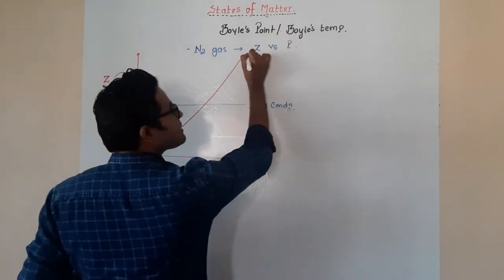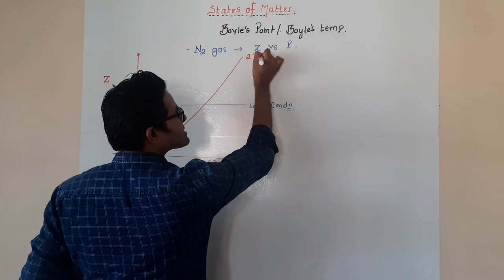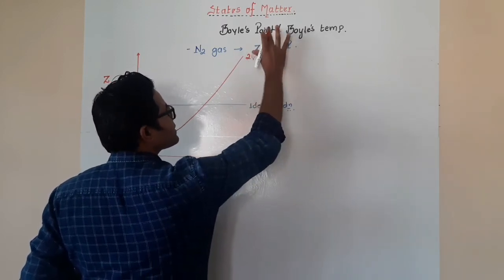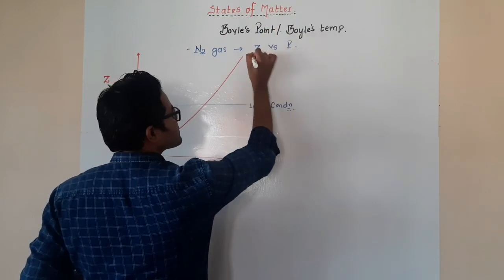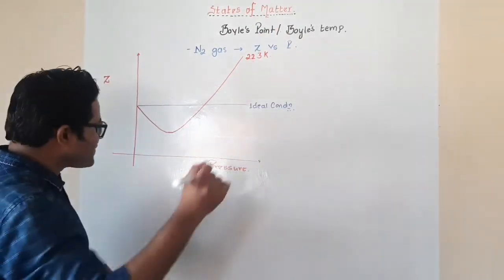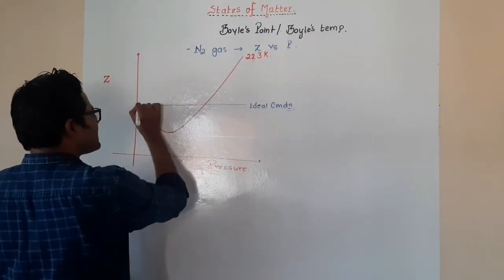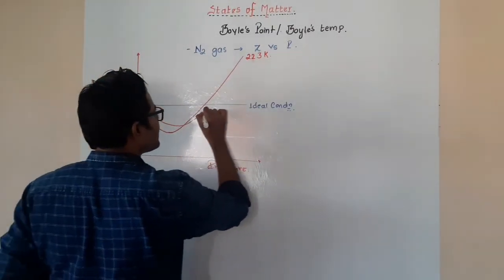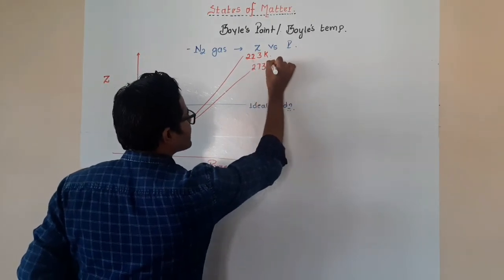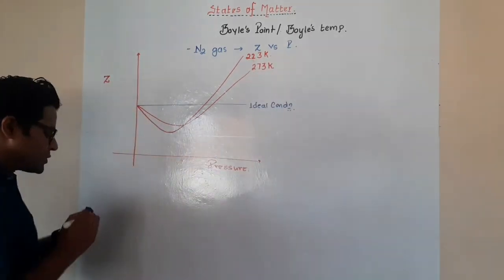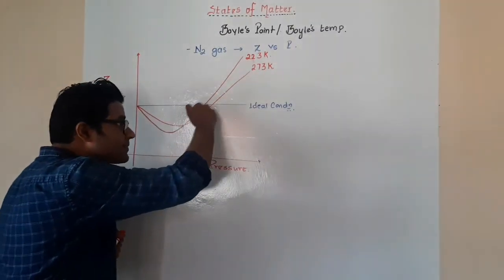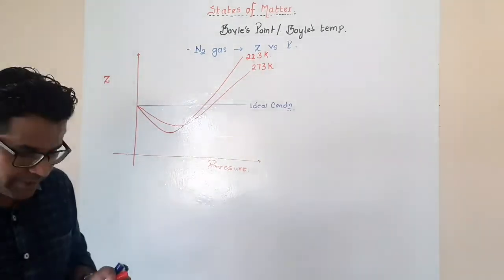Let's say this particular curve was taken at 223 kelvins. As we increase the temperature, let's say the next one was taken at around 273 kelvins. As we increase the temperature, the dip in the graph goes on decreasing.